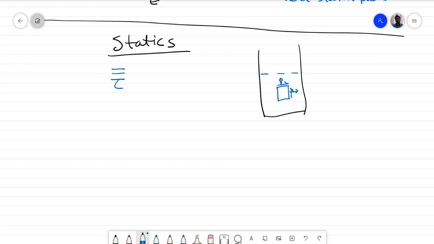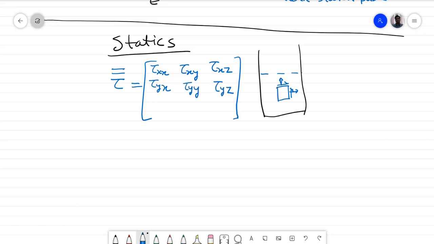Tau. So let me write it for a three-dimensional element. Tau zx, tau zy, tau zz.